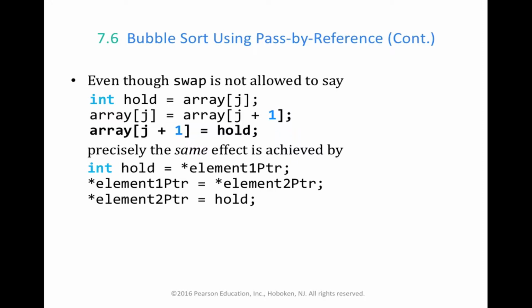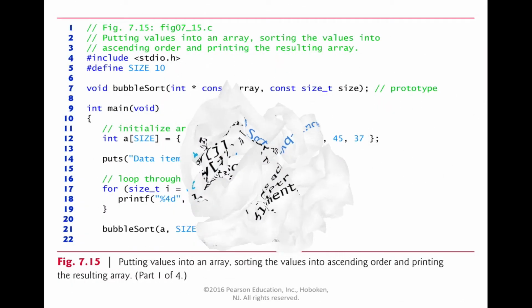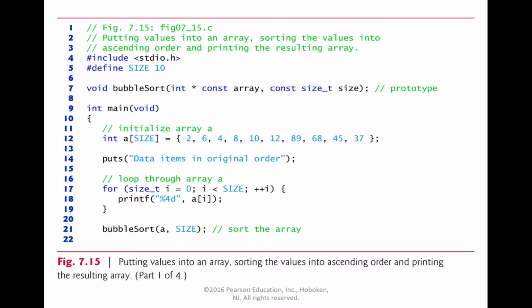So let's take a minute now and look at some code that I just sort of introduced to you. Let's look at this code here for this bubble sort. First of all, we have our bubbleSort function parameters.